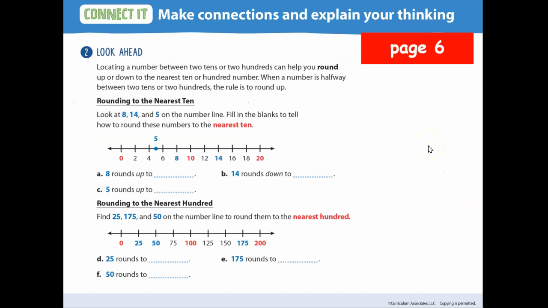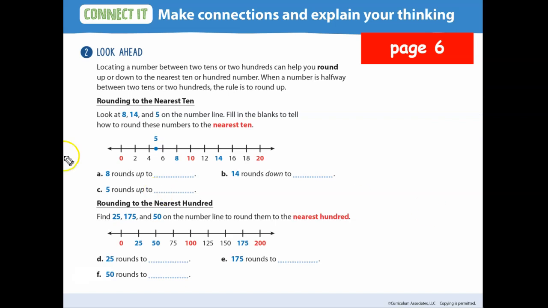Just locating the number between two tens or two hundreds can help you round up or down to the nearest tens or hundreds number. When a number is halfway between two tens or two hundreds, the rule is to round up. Okay. Rounding to the nearest 10, let's look at 8, 14, and 5 on the number line. Fill in the blanks to tell how to round these numbers to the nearest 10.